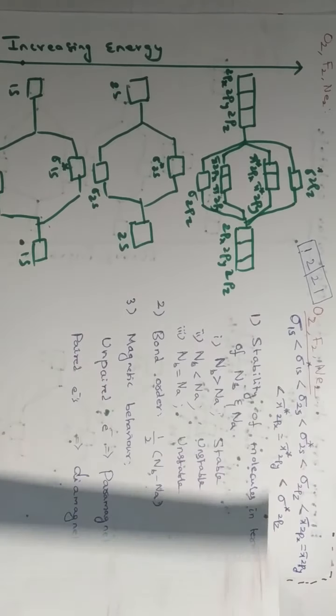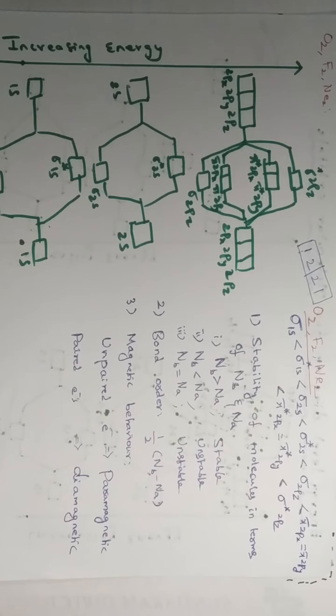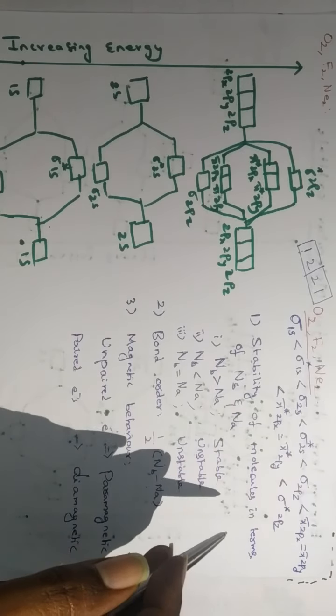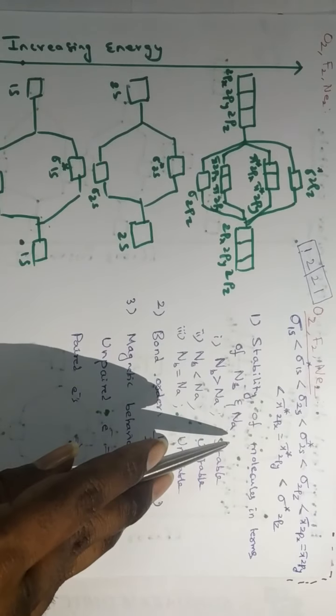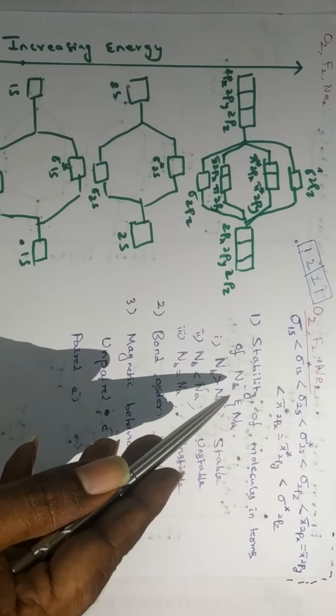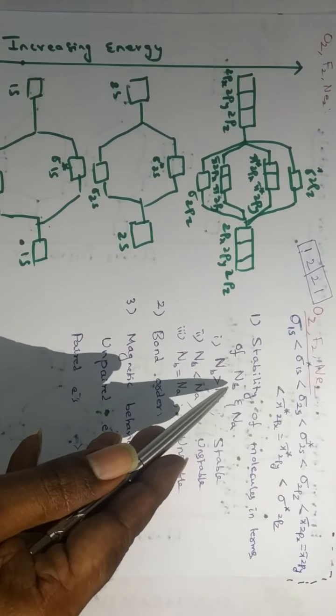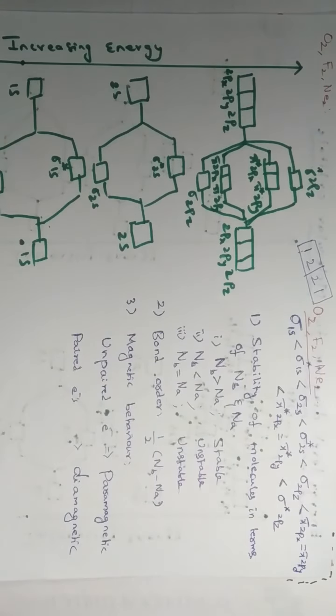Now, from the molecular orbital diagrams, we can predict the stability of the molecules in terms of the number of bonding and anti-bonding electrons. Nb stands for the number of electrons in bonding molecular orbitals, and Na stands for the number of electrons in anti-bonding molecular orbitals.